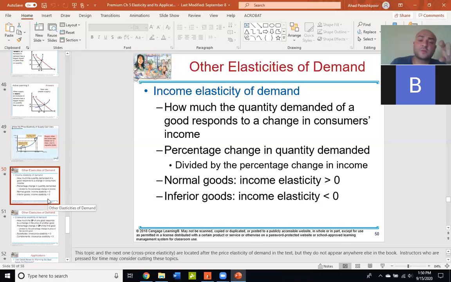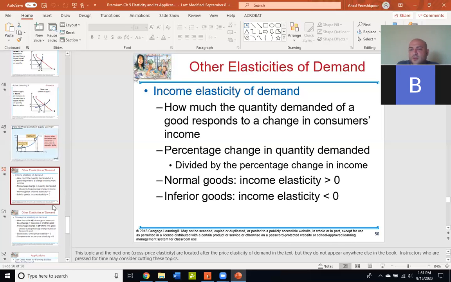Of course, when it comes to income elasticity of demand, we also have two different types of goods. Normal goods, they're normal, they're behaving normal. Inferior goods are the types of goods that you would consume less as you get richer. For example, fast food. The students love fast food. Why?